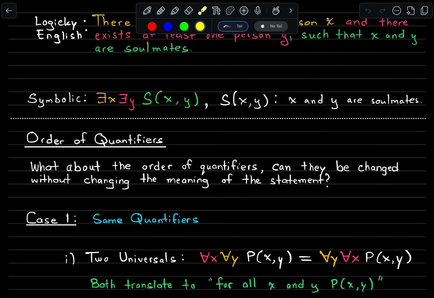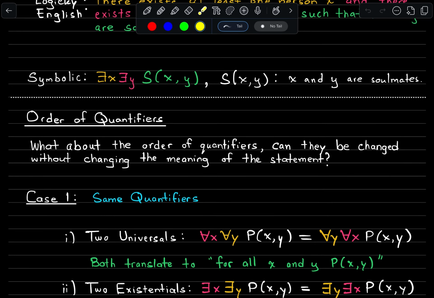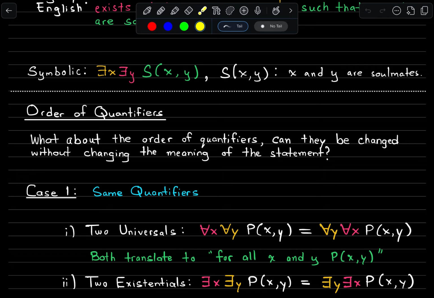And that is, in fact, the same thing as saying for all y and for all x, p of x y is true. Okay? Both of them translate to essentially the same message. For all x and y, p of x y. The same thing's true for two existentials. Okay? It doesn't really matter. You're just doing a kind of a one-to-one match.